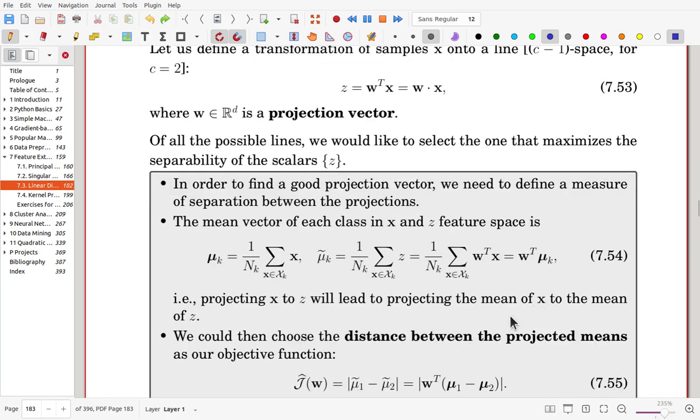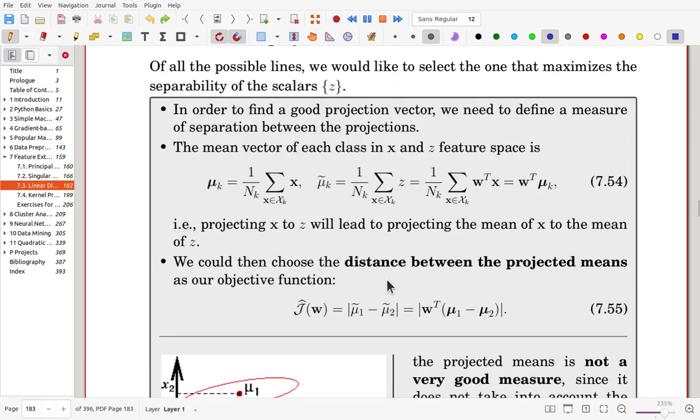That means that the mean of the points in each class, projected, is basically the same as the mean of the projected points. Now we define the distance between the projected means as the absolute value of mu1 tilde minus mu2 tilde. That is the same as W transpose times mu1 minus mu2.